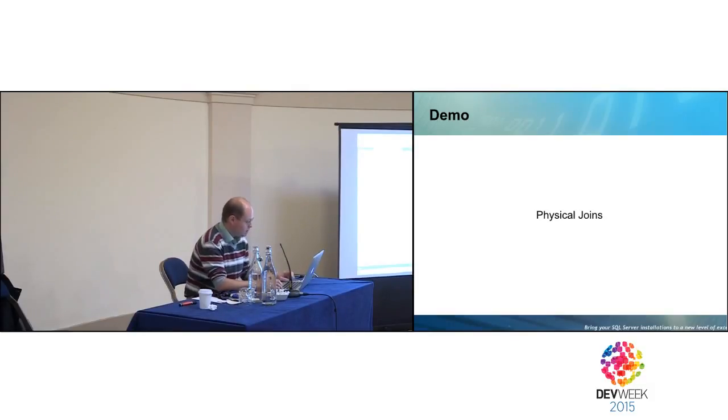I have here a simple hash join between two tables, the table Person and the table PersonPhone. You can see in the execution plan, SQL Server performs the hash join. SQL Server has chosen PersonPhone as the outer table because in that table we have only 19,900 rows, and in the table Person, well, we have also 19,900 rows, but as you can see, the row size of the other table is a little bit smaller.